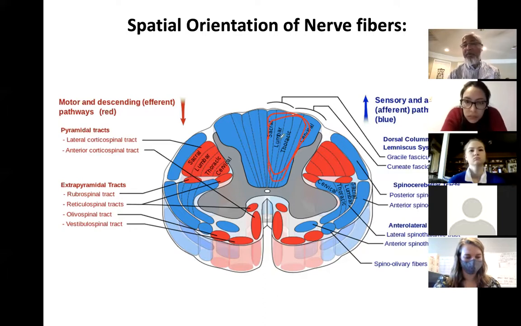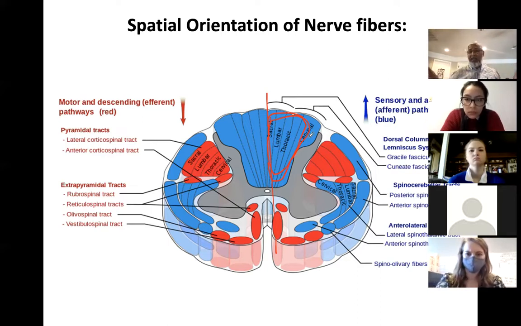They will all come here and occupy this dorsal column of the spinal cord. Now, how are they distributed? The fibers coming from the sacral area, meaning the lower part of the body, will be most medial. This is the midline. Lateral to them will be lumbar fibers, one step up. Then thoracic fibers from the chest area. Then cervical will be most lateral.